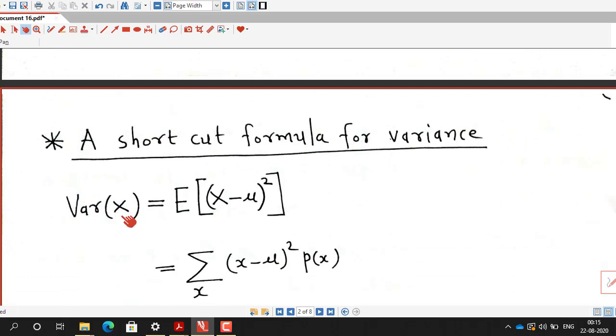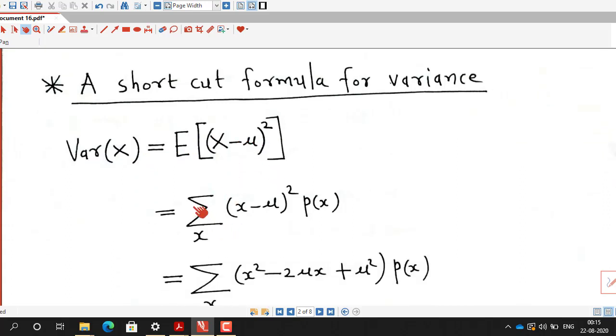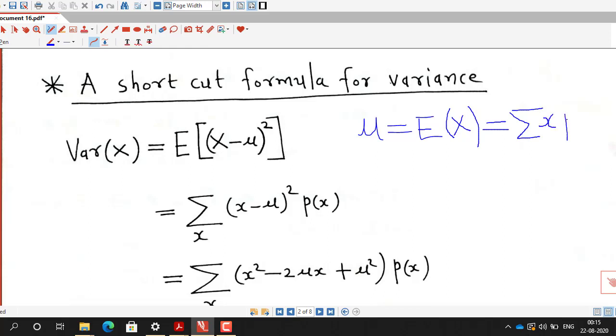By definition, variance of X equal to expected value of (X minus mu) square, that is nothing but sigma of (x minus mu) square into p(x), and we recall that mu is nothing but expected value of random variable capital X and is defined as sigma of x into corresponding value of PMF.